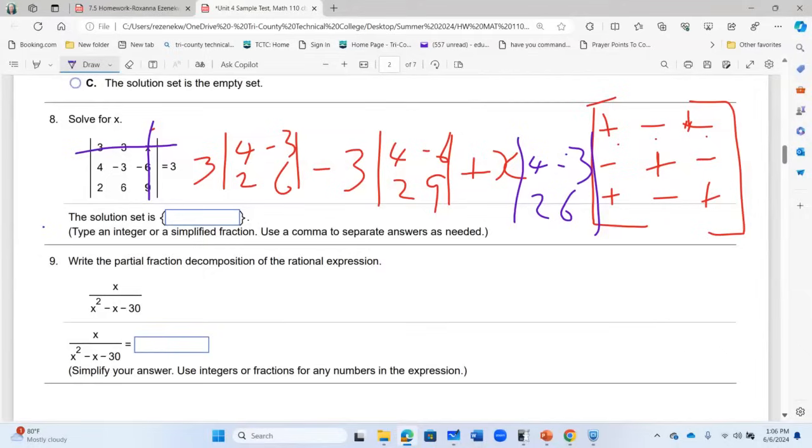Then I'm going to be evaluating all these cofactors. When I finish, I add them together. That will be the determinant.